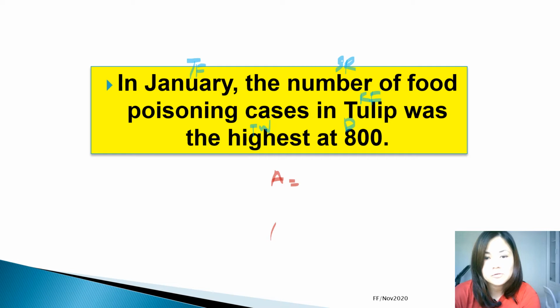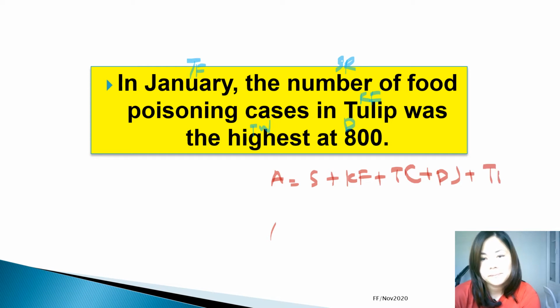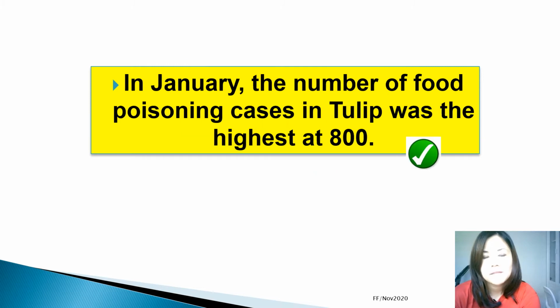Analysis equals subject plus key feature plus trend word plus data plus time frame. So are the 5 elements present? If 5 elements are present, definitely this is the correct answer. Yes, this is correct.